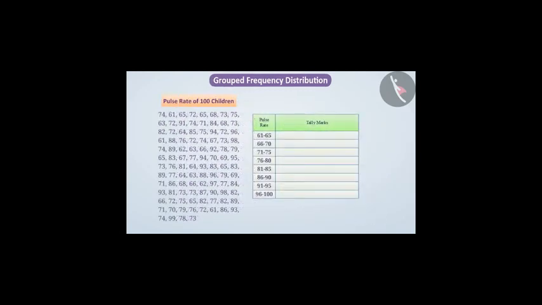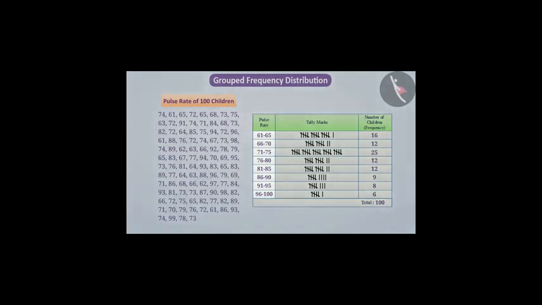The first number is 74, which will be included in the class interval 71 to 75. The second number is 61, which will be included in the class interval 61 to 65. Similarly, we will represent all numbers as tally marks. By counting the tally marks, we will know how much data is included in each class interval.